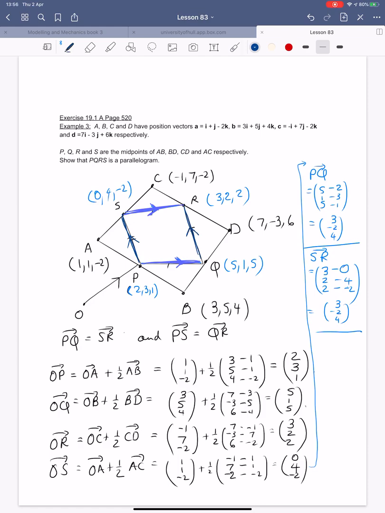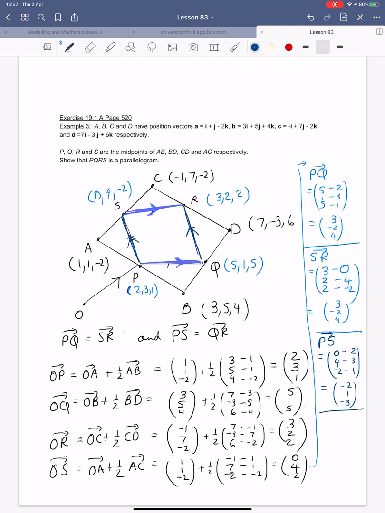So now if I can just show that that one is the same as that one, then we've got a parallelogram. So next thing we need to do is P to S. Just got to be S minus P. 0, 4, minus 2 minus 2, 3, 1 is minus 2, 1, minus 3.